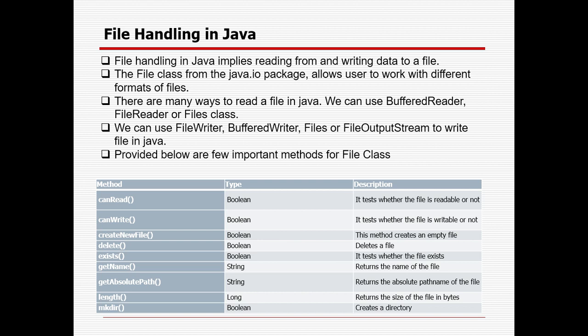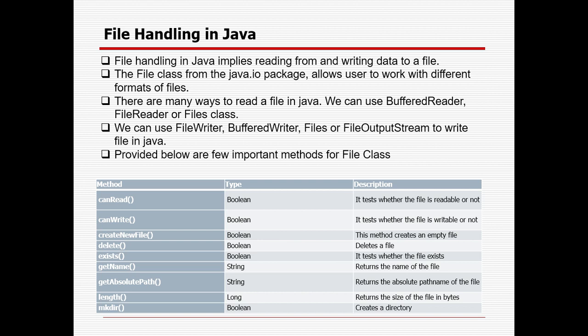These are a few important methods I have tried to depict here for the file class. You can see the method name, return type, and the description of the method. Can read: are we able to read the file or not? It will display only true or false. Can write, similarly, whether we are able to write the file or not. Create new file, in case we want to create a new file. Delete, if we want to delete the file. Exist, if we want to check whether the file already exists.